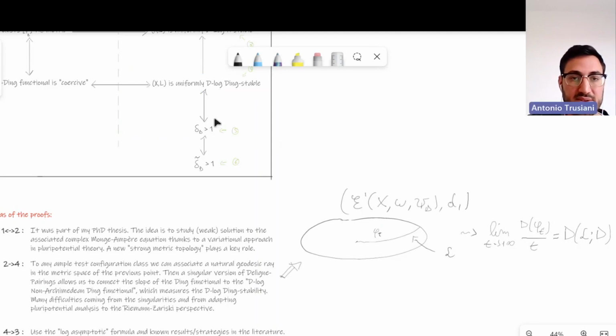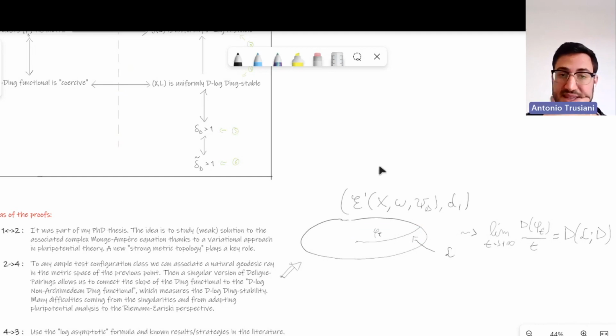So the point is to associate to any prime divisor, that is the infimum of this delta D, a sequence of algebraic geodesic rays, such that the Ding functional, the test configuration, is continuous along these approximations.